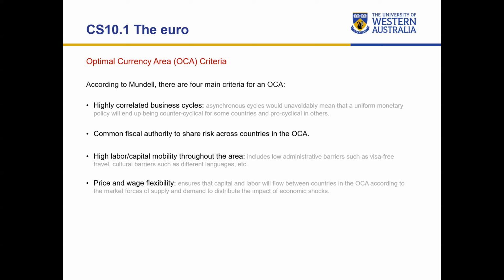You speak Greek. What are the barriers in terms of then you moving to Germany? It's all of those things that I've just mentioned. Potentially language issues, cultural issues, etc.